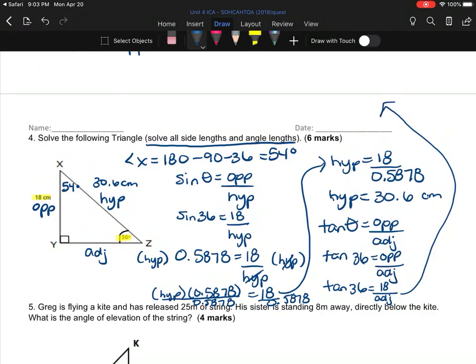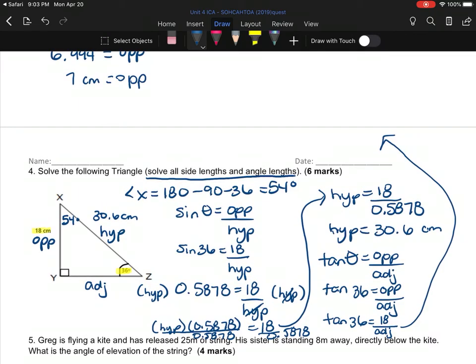Okay, so here we are, same thing again. So this time I'm going to write up here. Sorry, guys. This time I'm going to leave the tan 36 and I'm not going to solve for it like I did over in the sine one. So you can see, if you're the kind of person who would rather not type it in until the end, then you can see what to do. Okay, so again, we have to multiply by the adjacent on both sides, so it'll cancel.